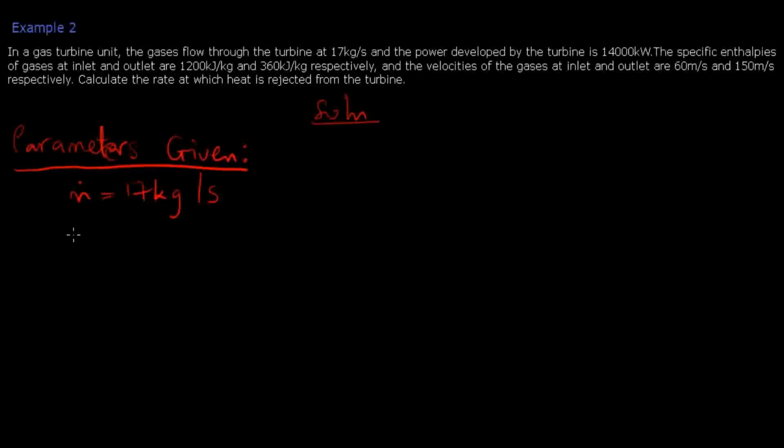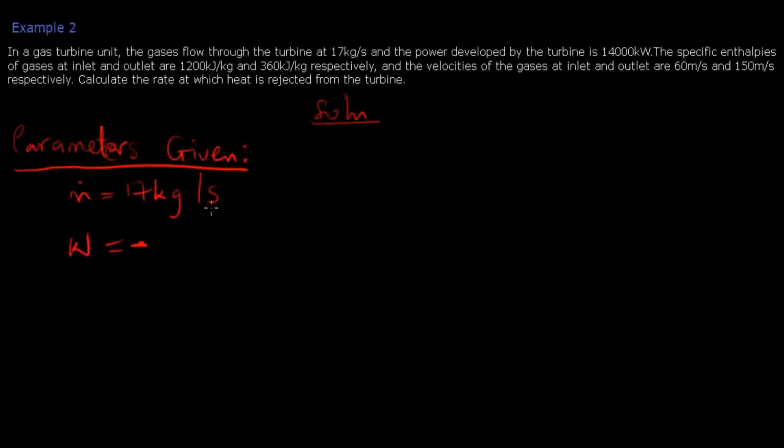The power developed by the turbine, that is turbine work, is negative. Remember we said whenever a system is doing work by itself, that means work is given out. And if work is given out, it's just like heat being rejected, which is negative too.